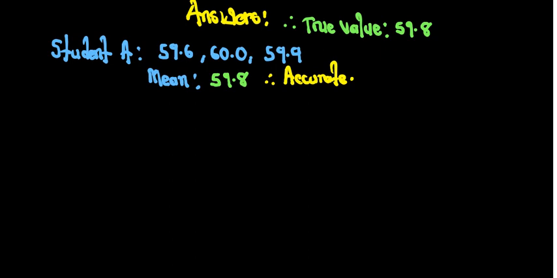It means that these numbers were precise. So these were accurate, and in terms of precision, in the first one we had a difference of 0.4, in the second one a difference of 0.1, and these are less than 0.5. Hence this was precise.